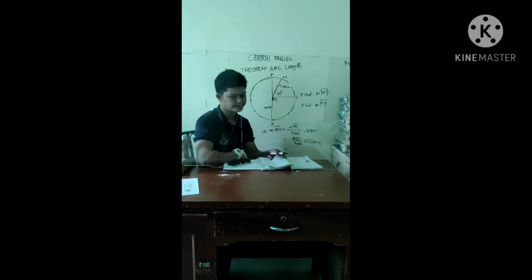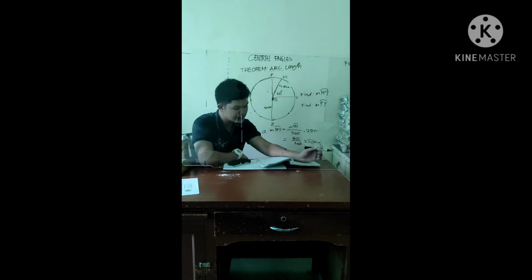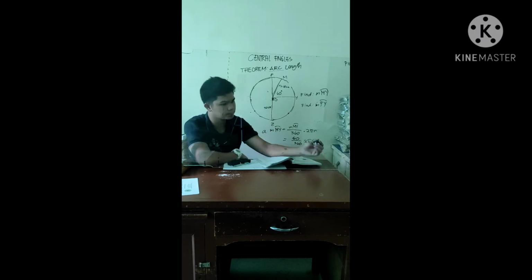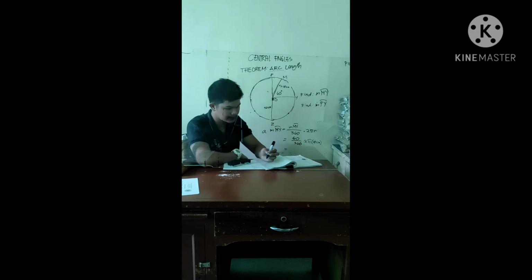So, next, 60 times 2 pi r or times 2 pi 18. Okay, so 36 times 18.